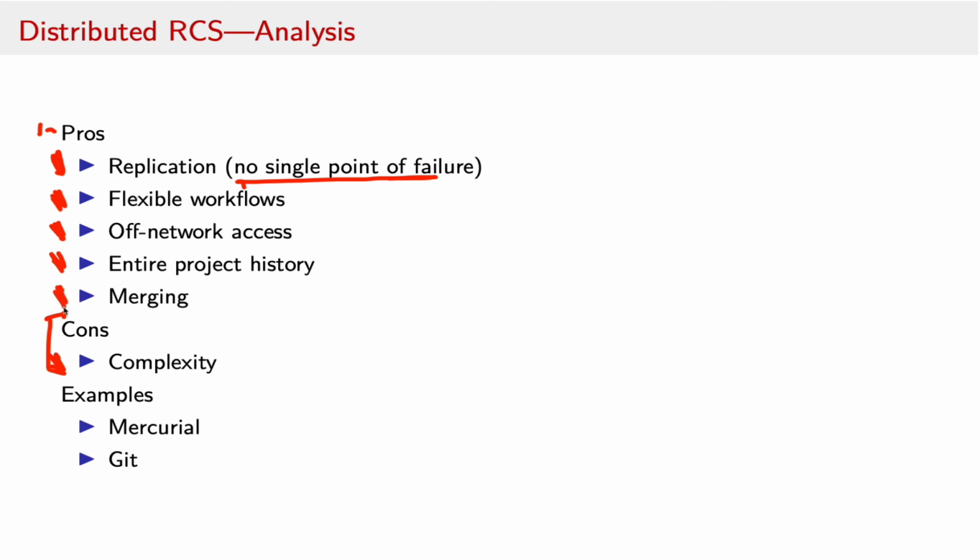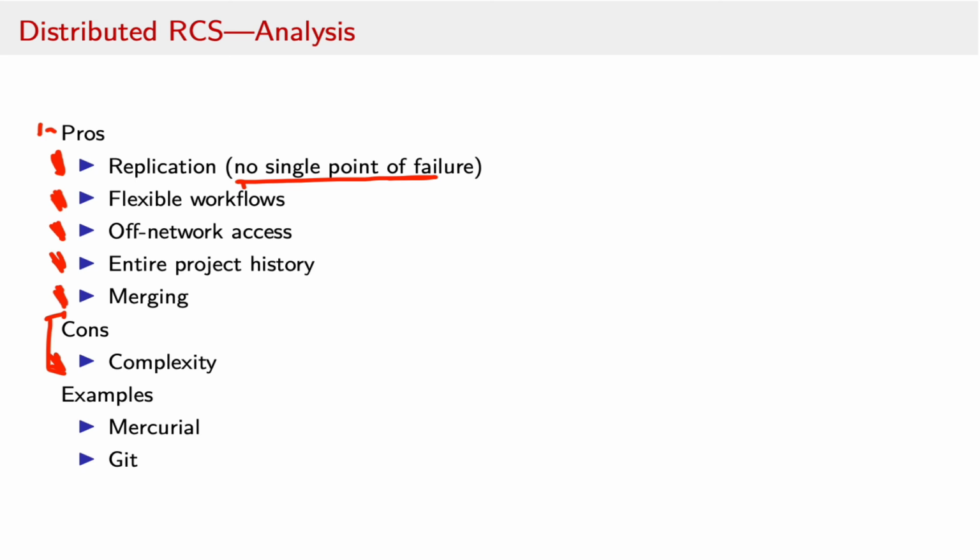And then the problem of merging that I mentioned before becomes considerably simplified in the distributed case. Again, that's not so much a function of the fact that it's a distributed revision control system, but the underlying representation of the different versions lends itself to making the merge process much less onerous, much easier to do.